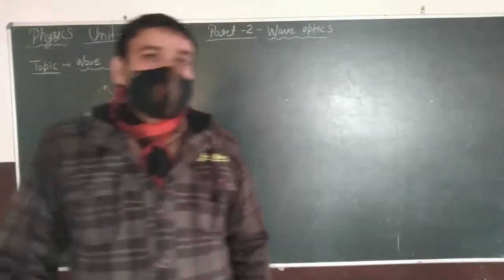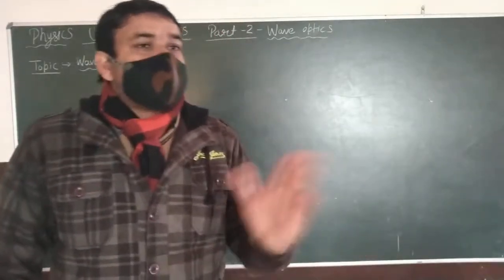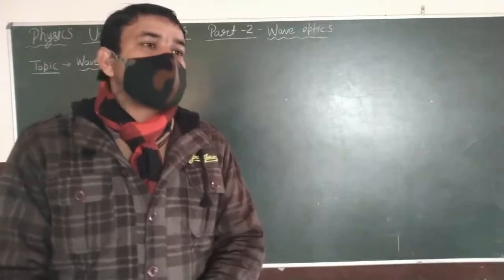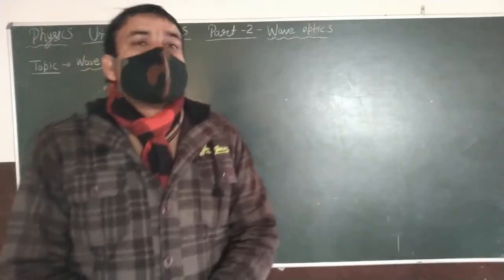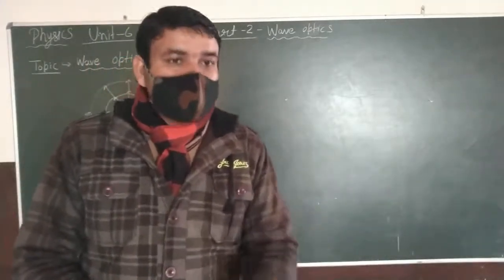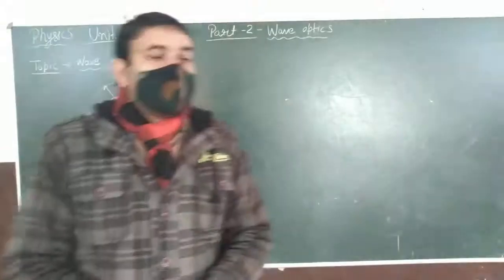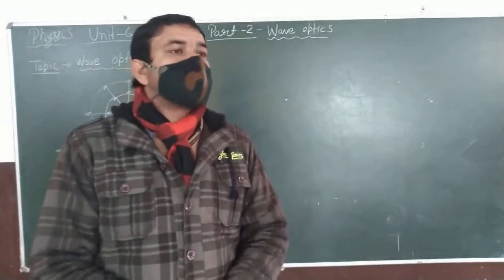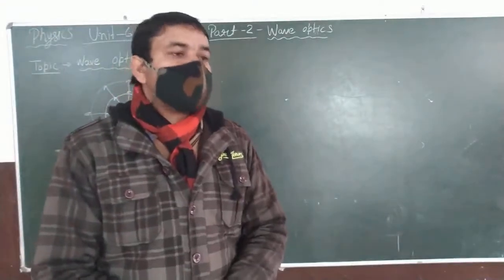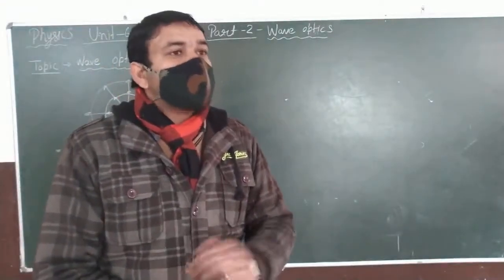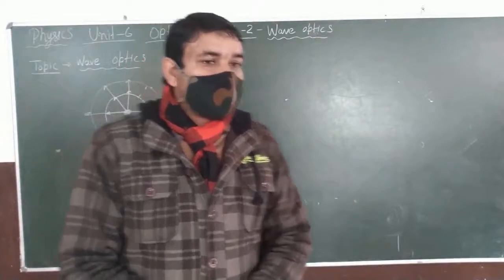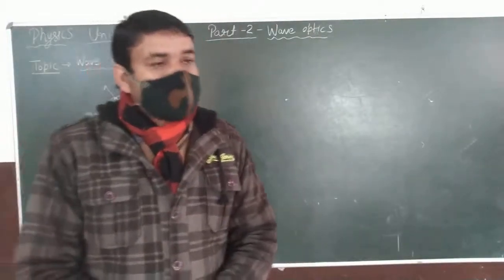Then after we have the next theory about wave optics, which is a quantum theory. This theory was given by Einstein in 1905, and he used a postulate or hypothesis given by Planck.